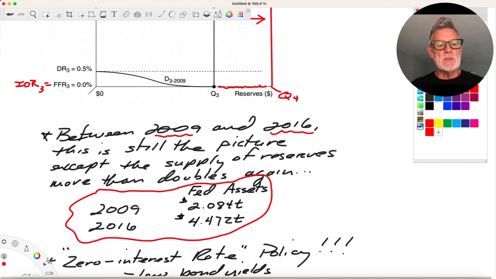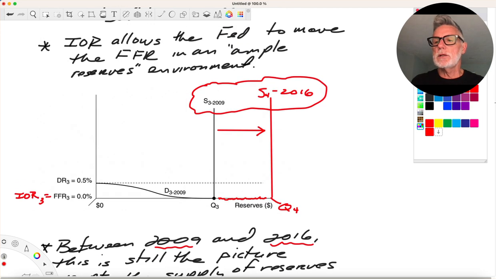And then again, between 2009 and 2016, now this is a 7-year period, not a 2-year period, these assets double again. So the Fed's balance sheet has become historically large during this time period, and to this day is at historically high levels. Okay, so let's go back up to this picture and take a look.